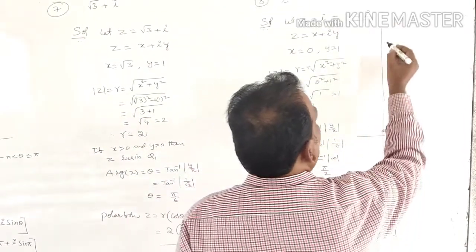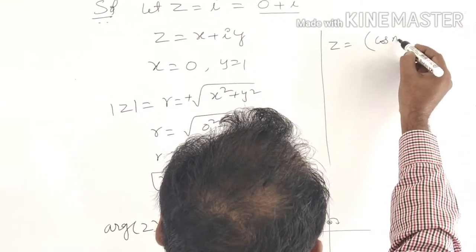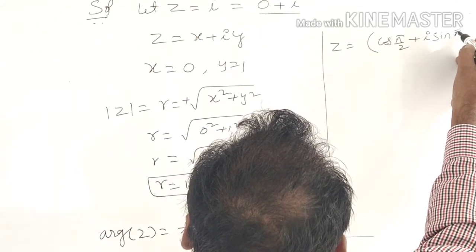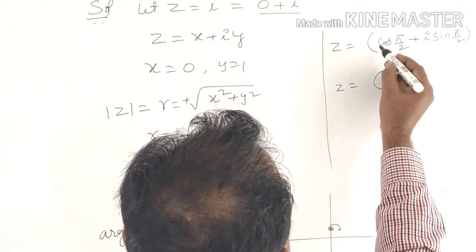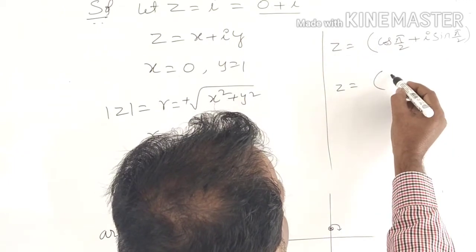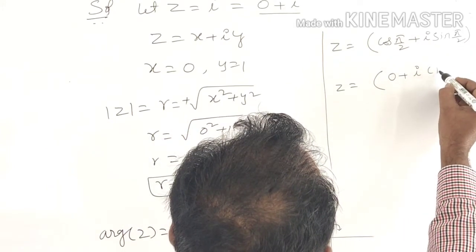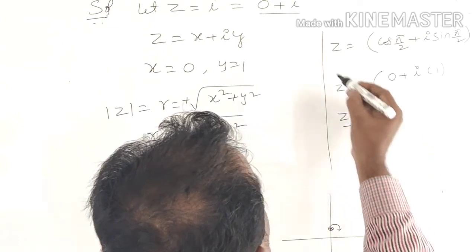So this is the given problem. z is equal to cos pi by 2 plus i sin pi by 2. How to convert into geometrical form? Simple, students. z is equal to cos pi by 2 means cos 90, 0, plus i into sin 90, 1. So z is equal to 0 plus i. So we got i.